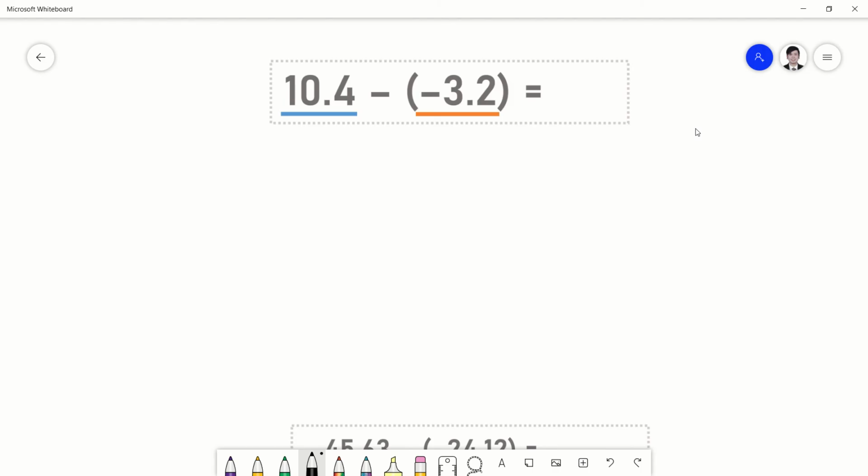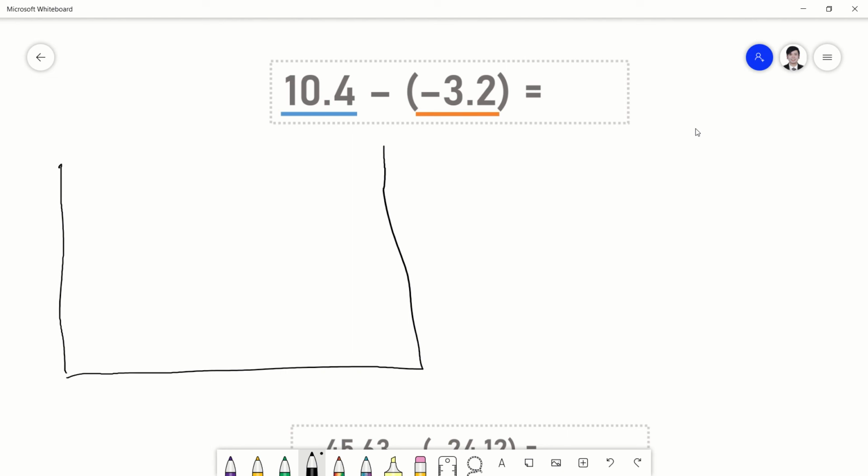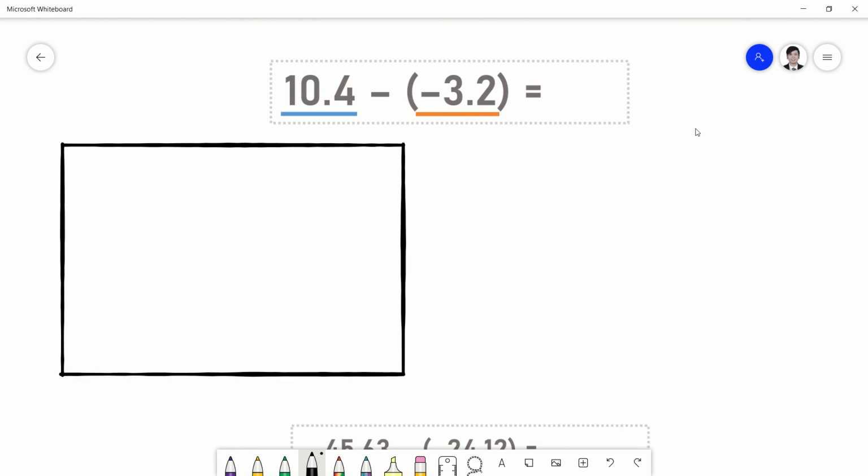For example, for this one, we have 10.4 minus negative 3.2. So we have to make a sketch here. Okay.